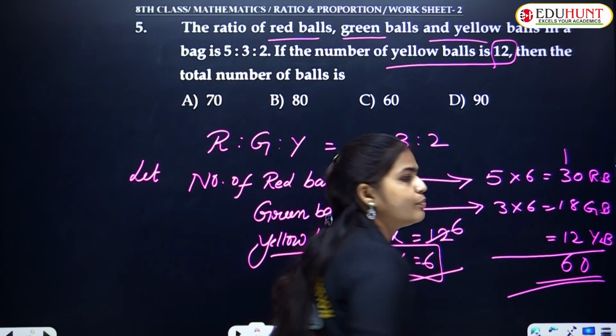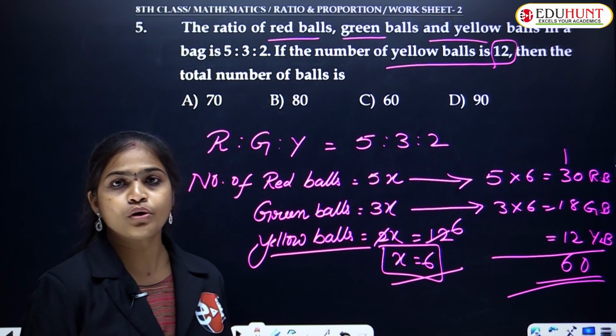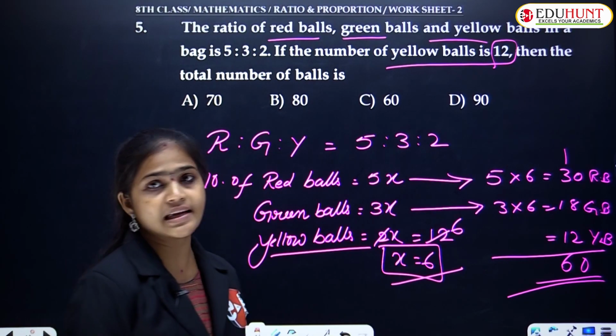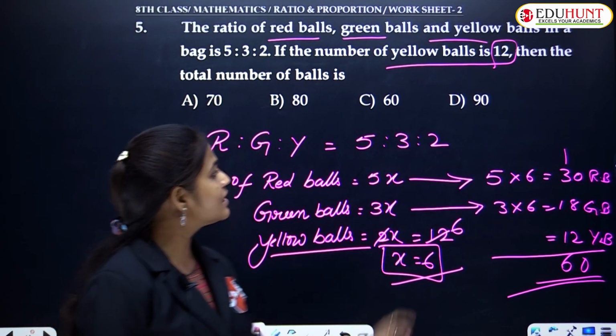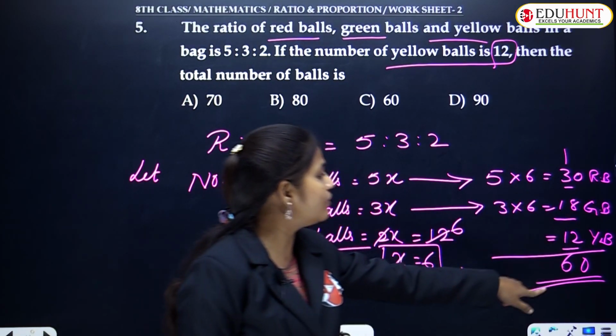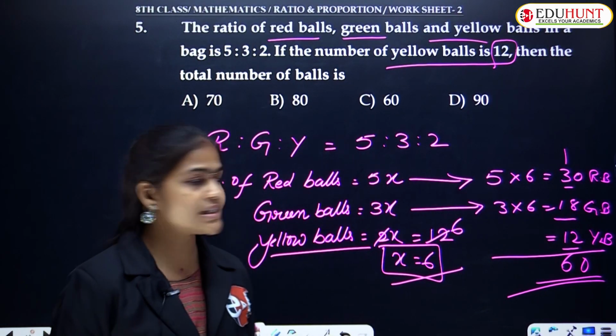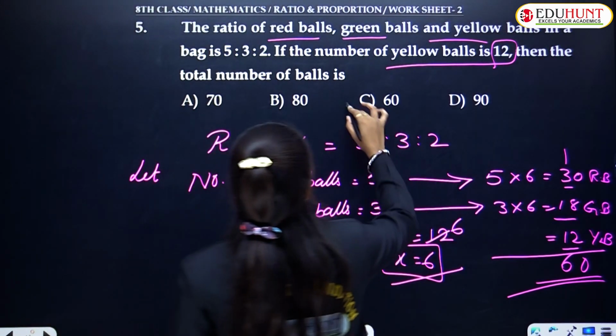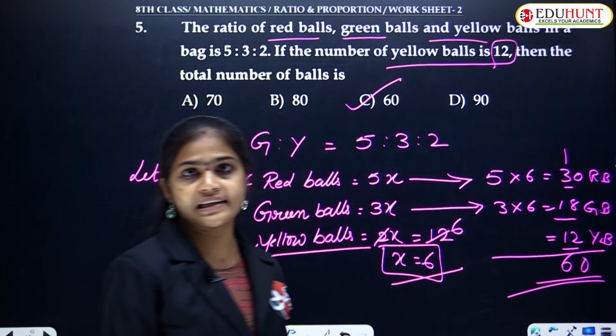So total number of balls is 60. Out of 60 balls, 30 are red balls, 18 are green balls and 12 are yellow balls. Understand? Option C is correct here.